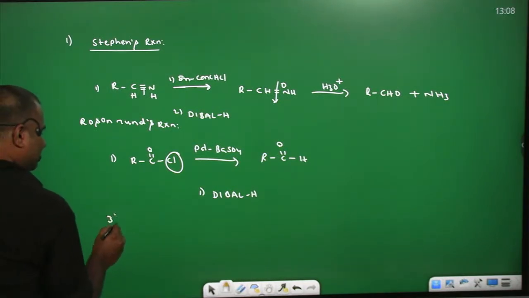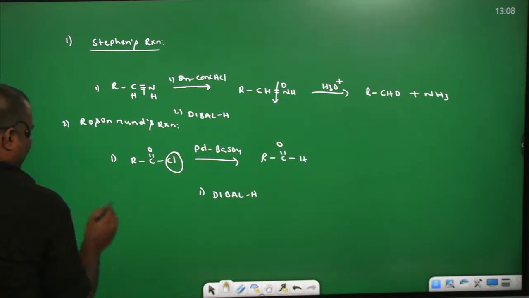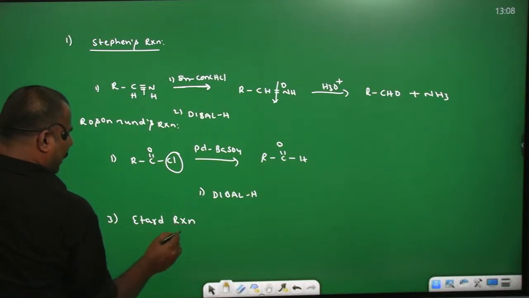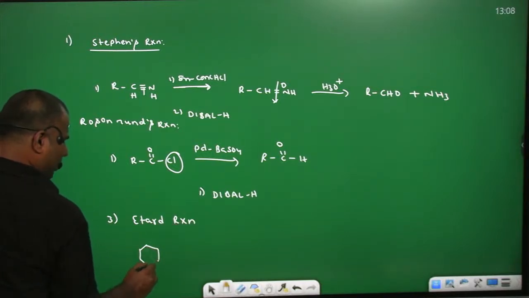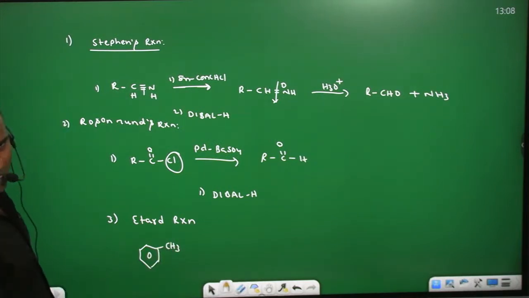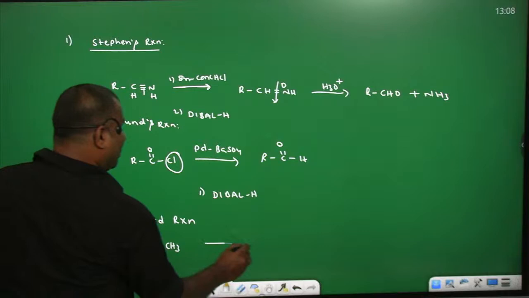The third one, Etard reaction. This is important. In Etard reaction, what are we doing? We use toluene, treated with chromyl chloride.